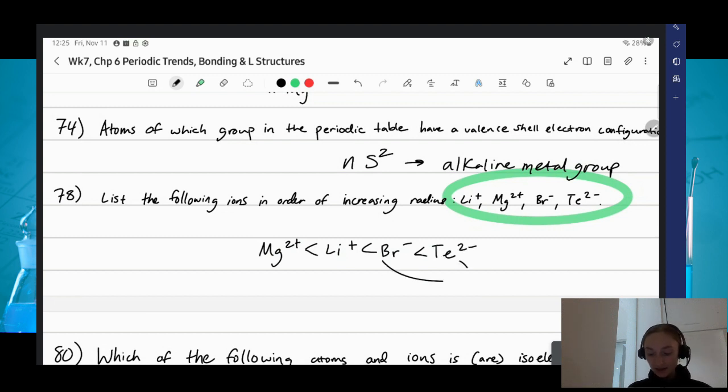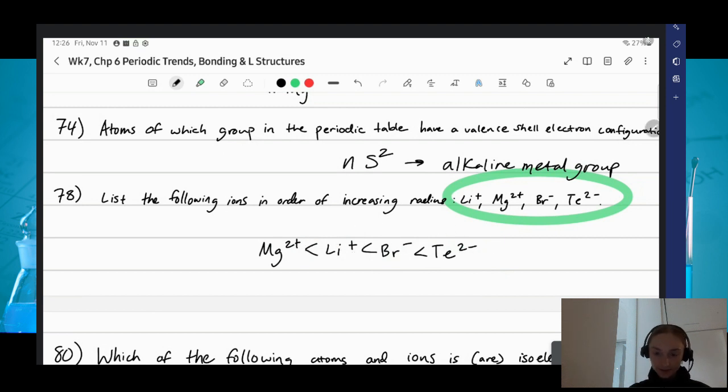And so because the bromine has a minus and the tellurium has a 2 minus, and because it is only 1 electron away from being complete, the bromine is going to be pulled more towards the nucleus, and so that's why it's going to be smaller than the tellurium. So just keep in mind the charges sometimes really do matter, if it's just one row off from each other, the charges matter more.